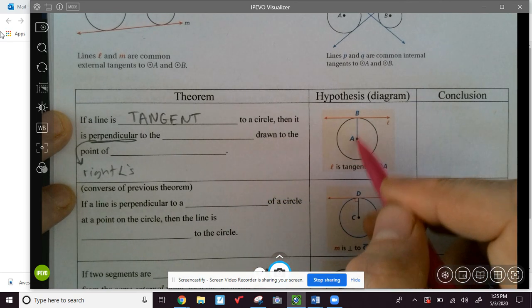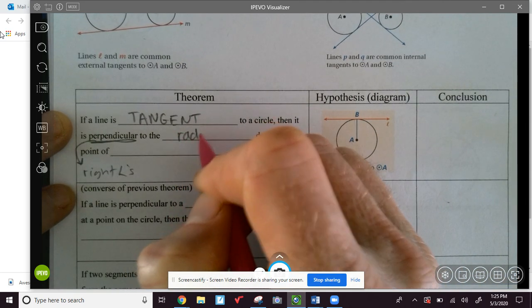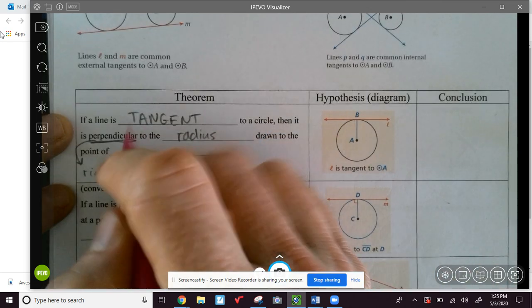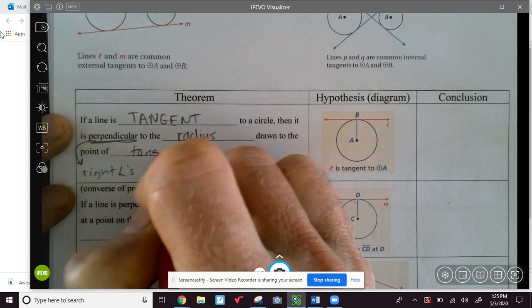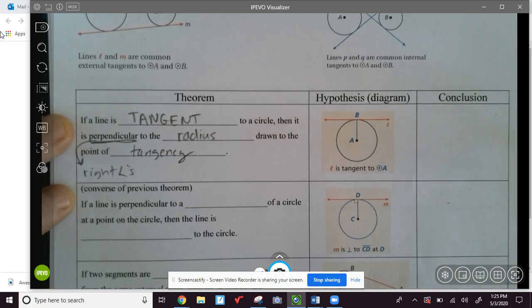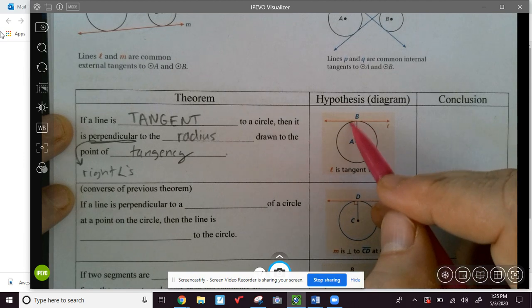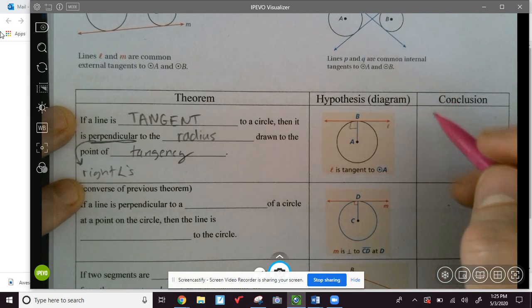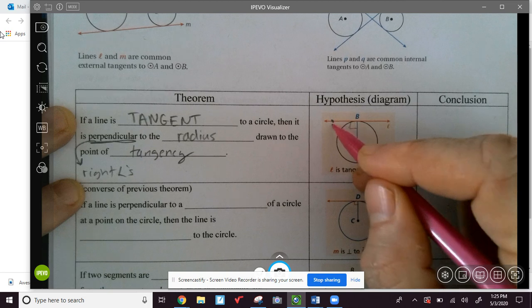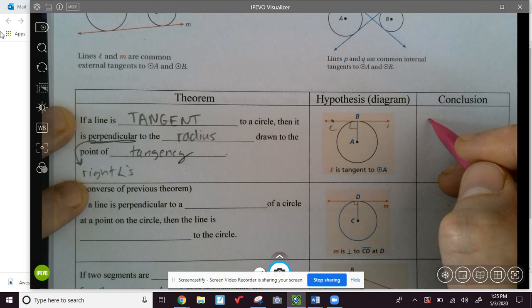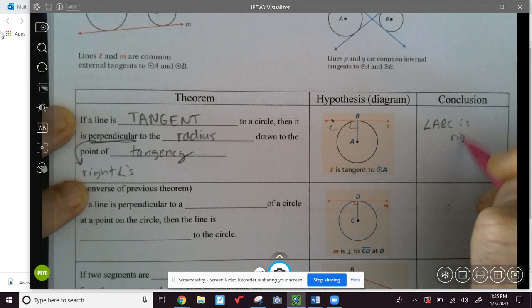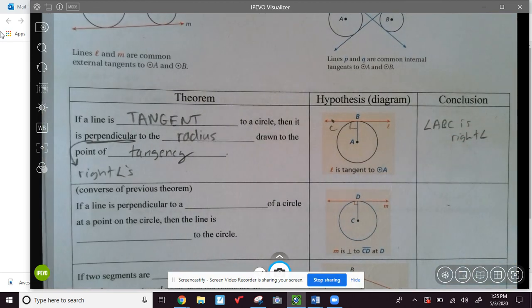Look over here, that's a radius drawn to the point of tangency. So I don't have 3 points, so I won't put a point on here. C. So angle ABC is a right angle. It's very important there.